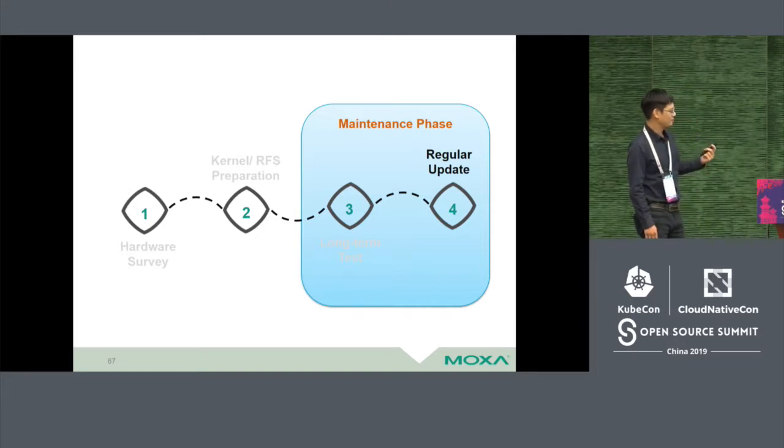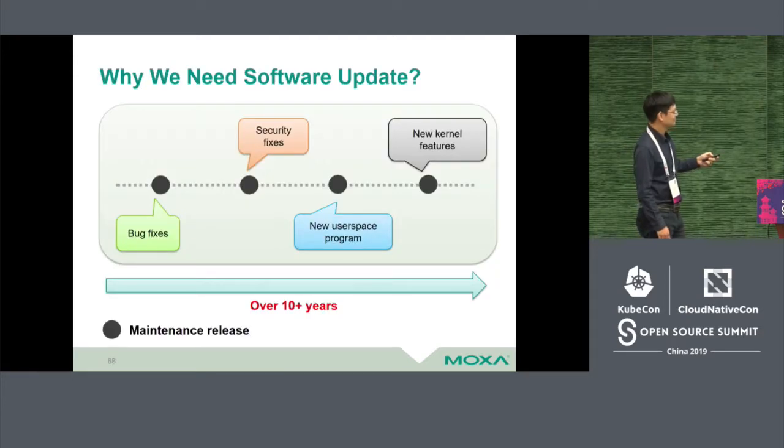So if we want to update for a security issue or some bug fix, we have to update the devices remotely, because in industrial applications, the platform is usually put in a humanless place. So we need to have software updates to fulfill the demand, like bug fixes, security fixes, and new features over 10 years.